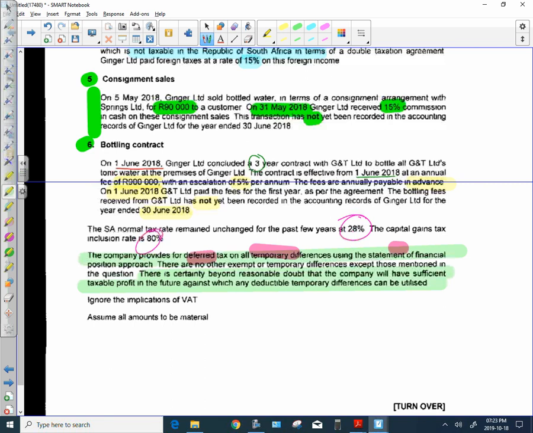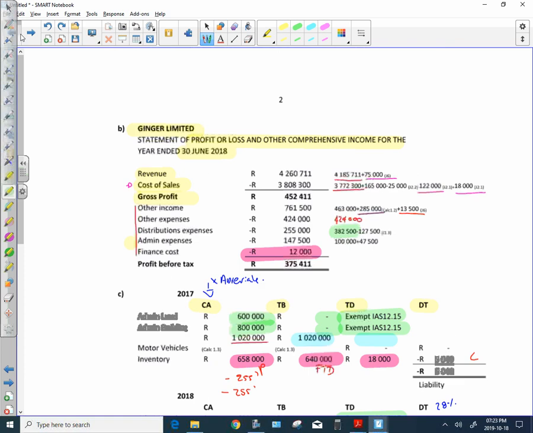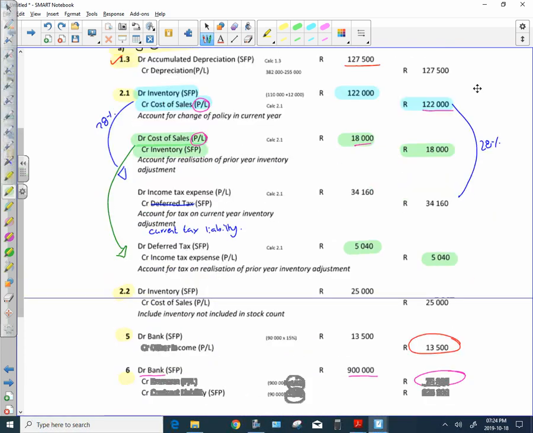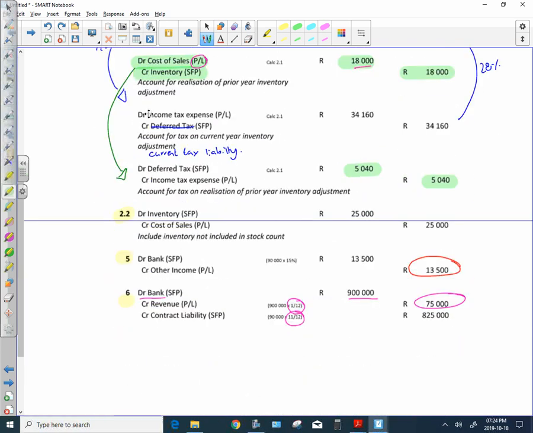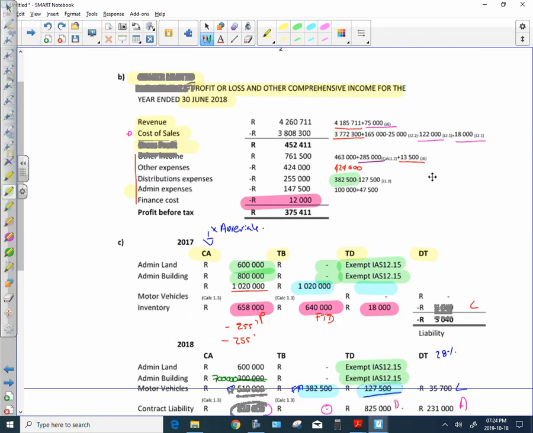All right. So that basically concludes all the information. In terms of A, I've done all my journal entries. We're happy with that, we're done with A. In terms of B, I've shown you where all these amounts come from. All you need to go do is add them up and get to your profit before tax.